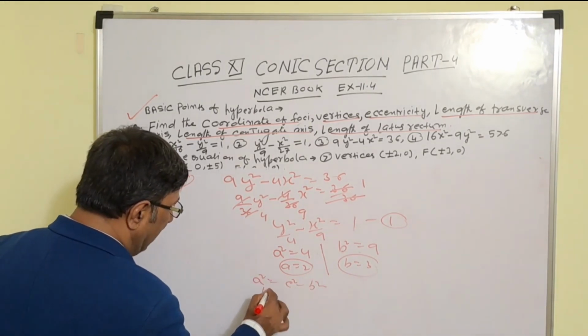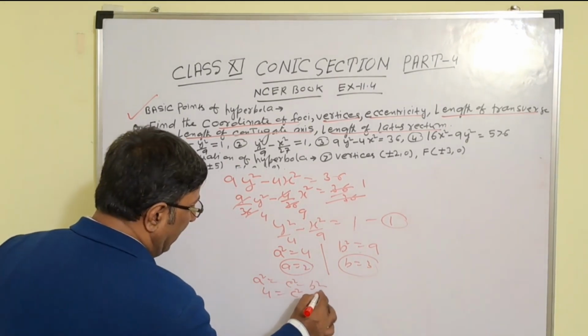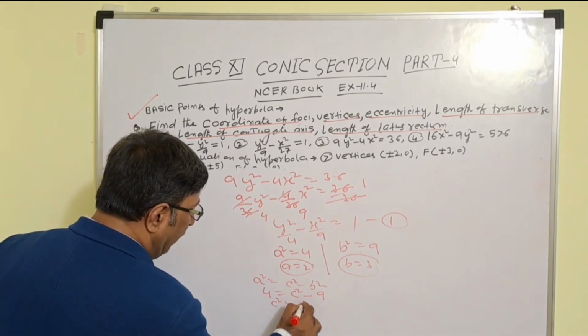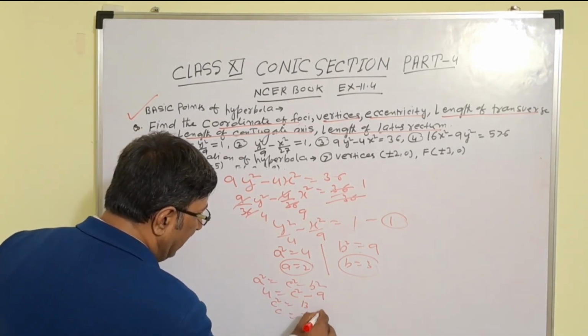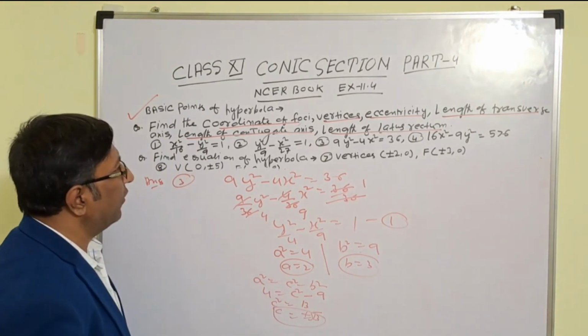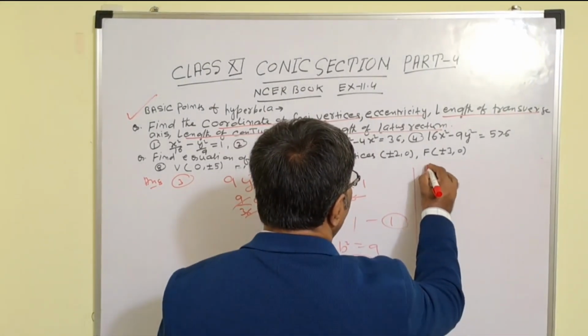We can find c very easily with the rule c square equal to a square plus b square. So a square is 4 and b square is 9, so c square equals 9 plus 4, 13. So c equals ± root under 13. Now we have the values of a, b, c. Now you can find the coordinates of the foci.